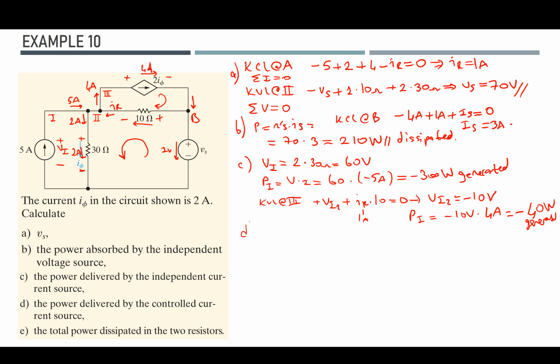And for part D, power delivered by the controlled current source. Basically, we have calculated this already. So this is part D, and the total power dissipated in two resistors can be calculated as P30, let's say for 30 ohm, should be 2 amps times 30, which gives 60 watts dissipation.